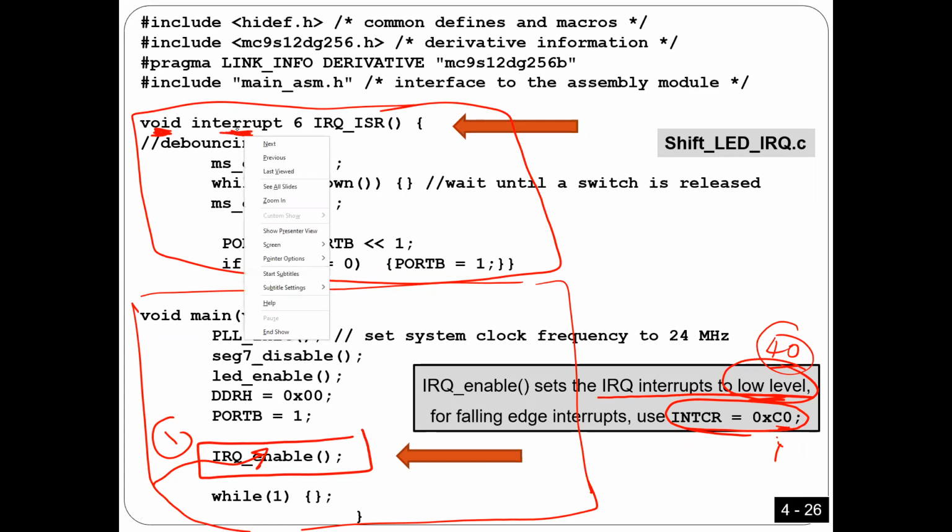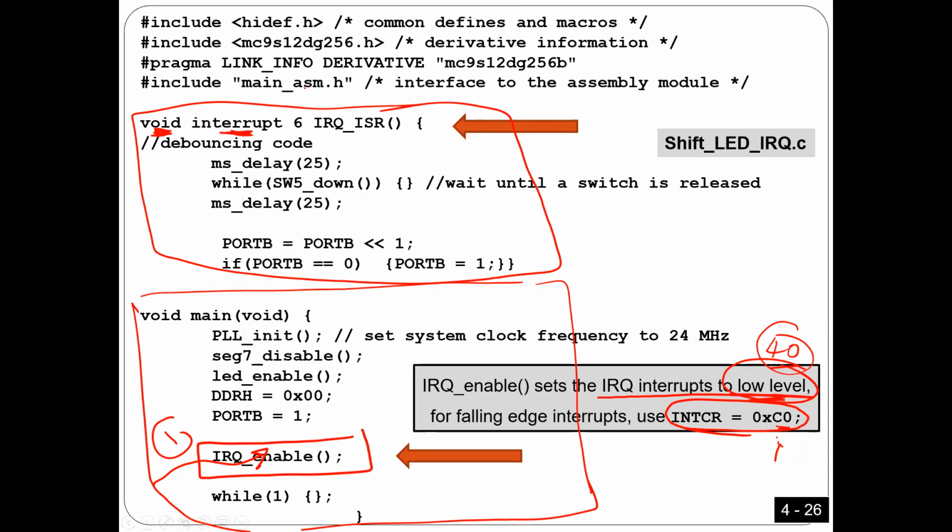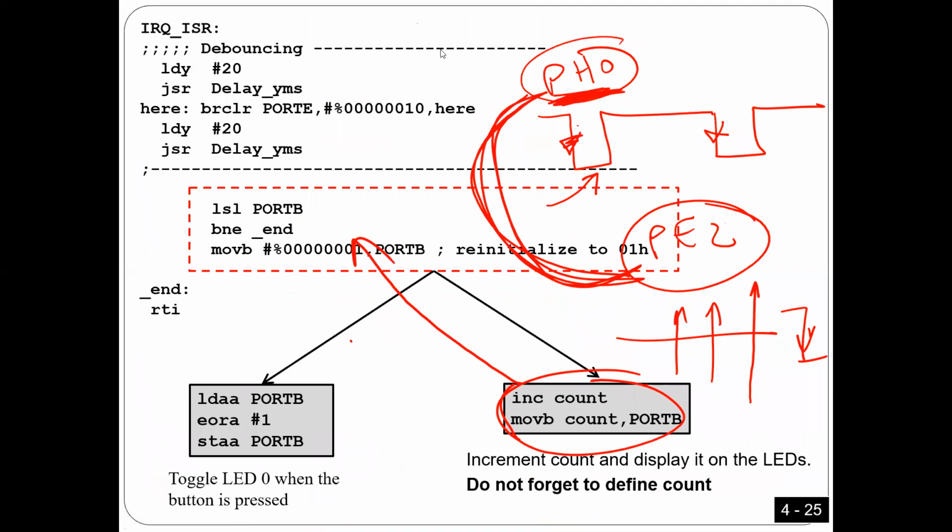Is that okay, guys? Also, here you have to use number 6 for IRQ. Every interrupt source has a different number. And then you can write the name. Here it can be any name, but usually the name should tell people this is the IRQ interrupt. But actually you can put any name.